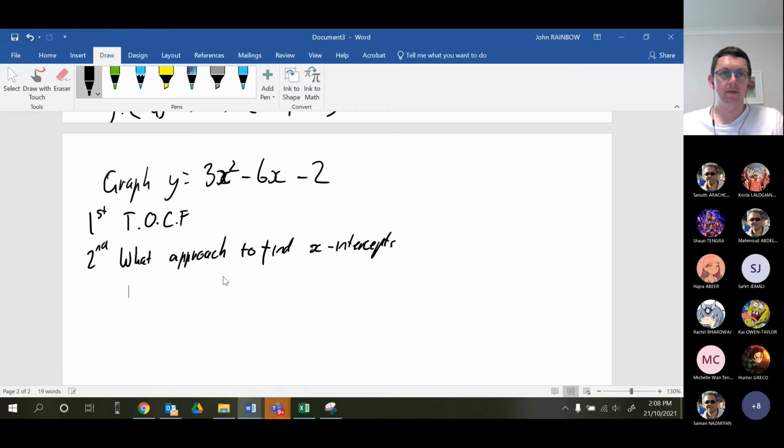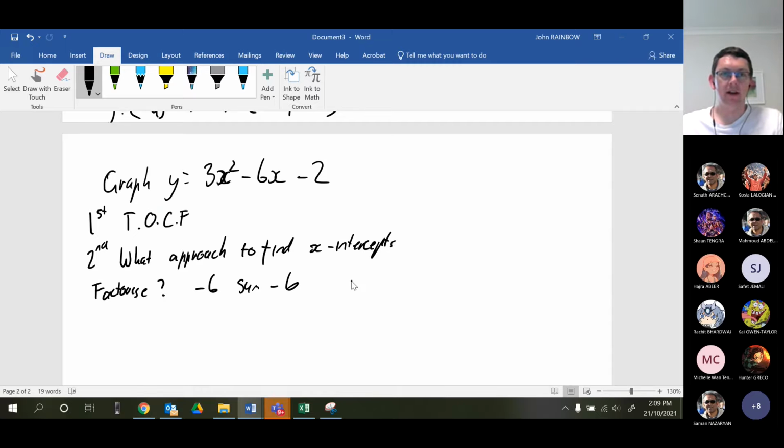Could you factorize? If I think of factorizing, I'm seeing it as 3 times -2 is -6. So I want a product of -6 and a sum of -6. I can't think of anything that does that.